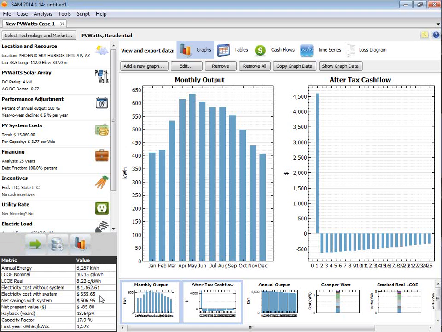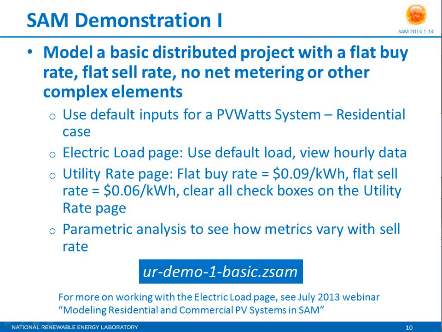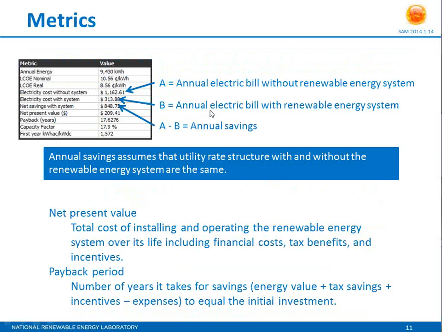I have a slide here that I'd like to show to describe what these metrics are. So here's our metrics table, and the metrics of interest for this discussion are these three: the electricity cost without system, with system, and then the net savings. The cost without system is our total annual electricity bill if we didn't have the renewable energy system.